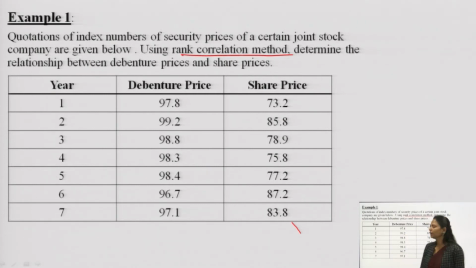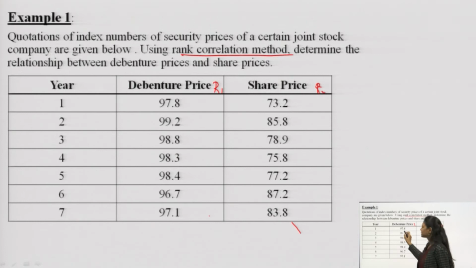Here the debenture price and the share price are given, but no rank is given to you. You are supposed to rank the debenture price and the share price according to your own wish, but that wish has to be the same for both the debenture price and the share price.